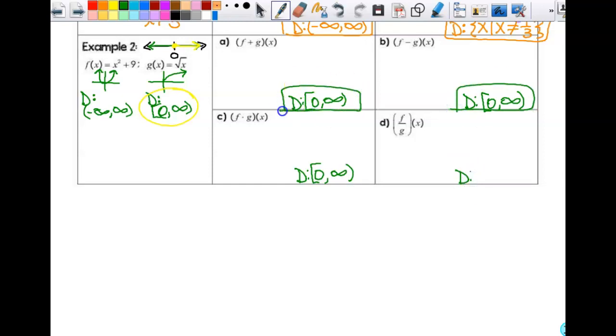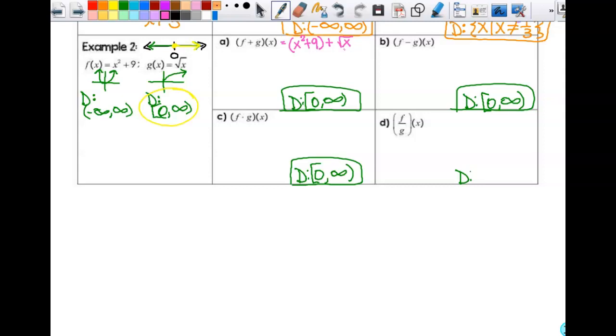I think you probably already have the concept of adding, subtracting, multiplying, and dividing these functions, but we're going to still work through quite a few of these because we're going to make sure that you're not making up math. So f plus g of x is going to equal x squared plus 9 plus the square root of x. Do those parentheses matter?